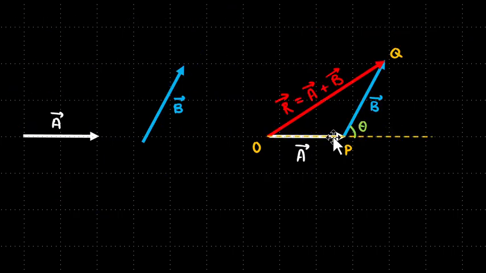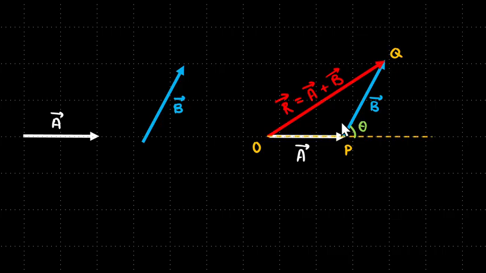Now, what do you think we must find of our resultant? Since we pretty much know everything about vector A, vector B, and the angle between them, let's suppose that we know that. What do you need to find of the resultant, vector R? If it were me, I would say that first of all, you definitely need to find the magnitude and also the direction of vector R. Why?